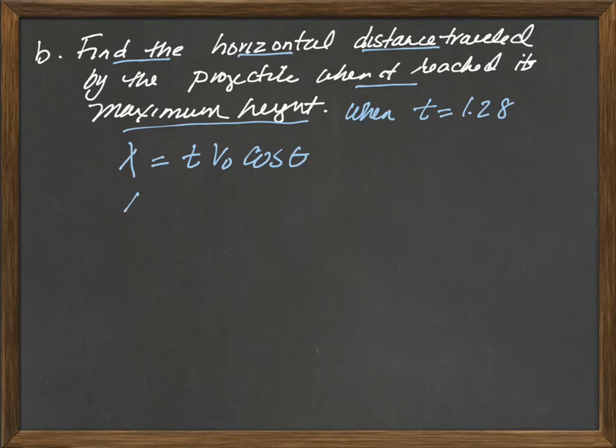From the initial problem, v naught was 50 and the angle was 55, so we would have 1.28 times 50 times cosine of 55 degrees.